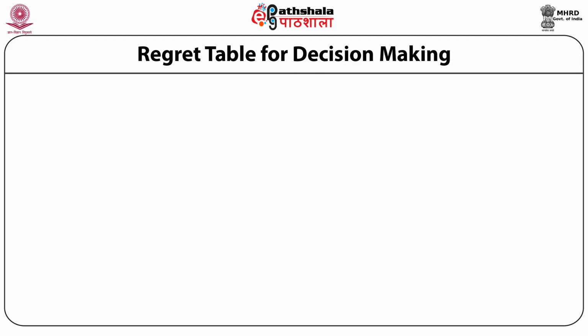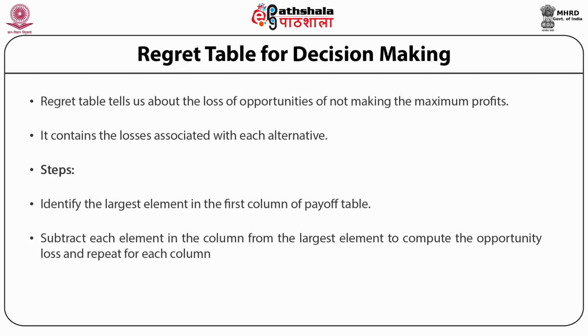Similarly, we can also prepare the regret table, which is also known as the opportunity loss table, for decision making. The regret table tells us about the loss of opportunities of not making the maximum profits. Actually, what happens sometimes is the decision maker goes with an alternative that is not bringing the maximum profits or revenues for him.